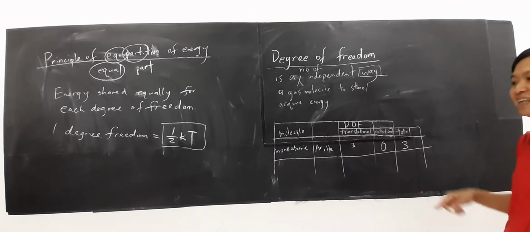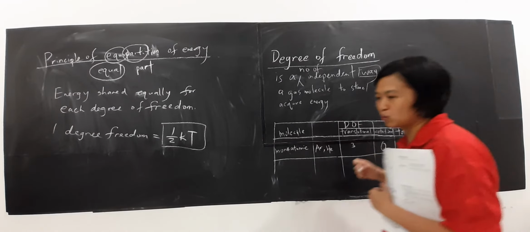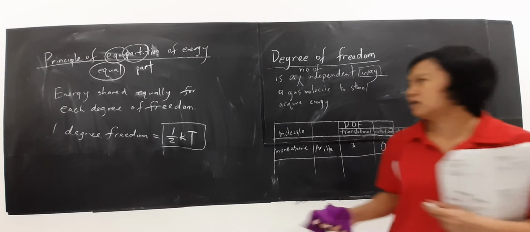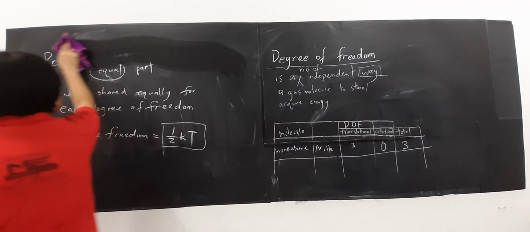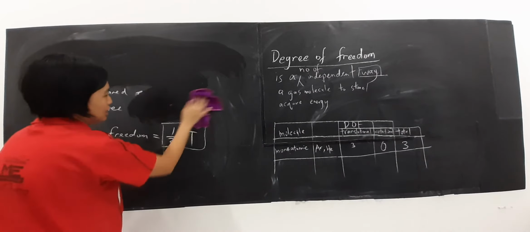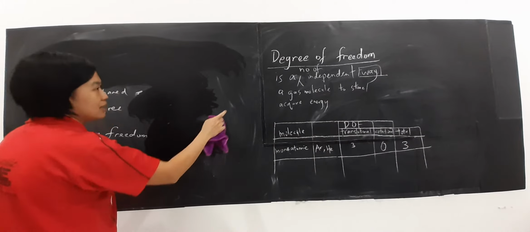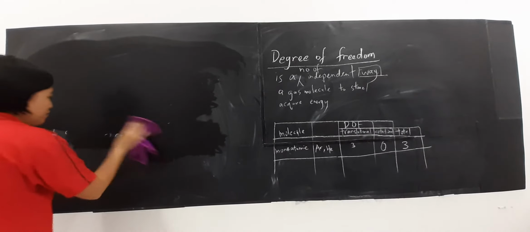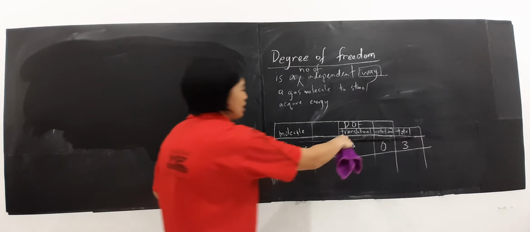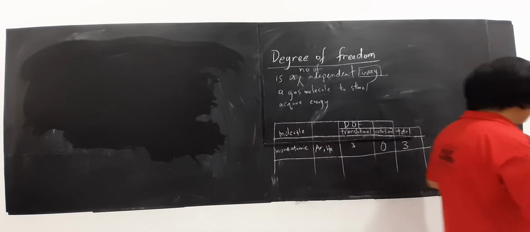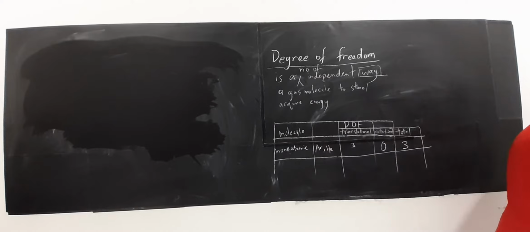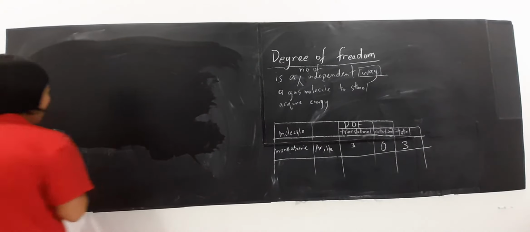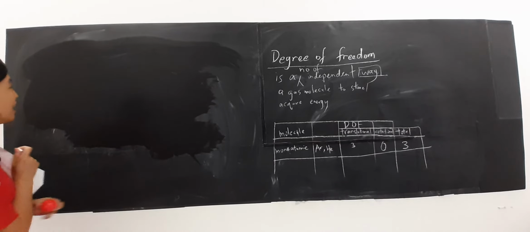Jadi kenapa nilai dia 3 dekat sini? So we will look back at what is meant by degree of freedom. If I focus on translational motion first, cara molekul untuk bergerak.